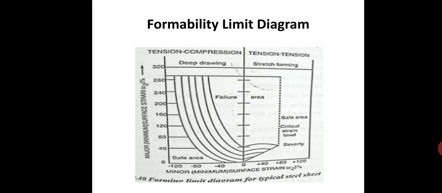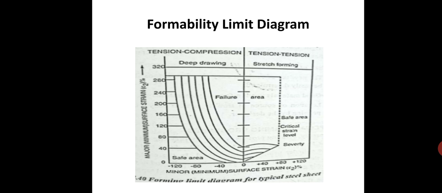But the right side is the minor surface strain values in the positive, which indicates the biaxial tension of the stretching operation. That is tension and tension, which means the biaxial tension of the stretching operation.